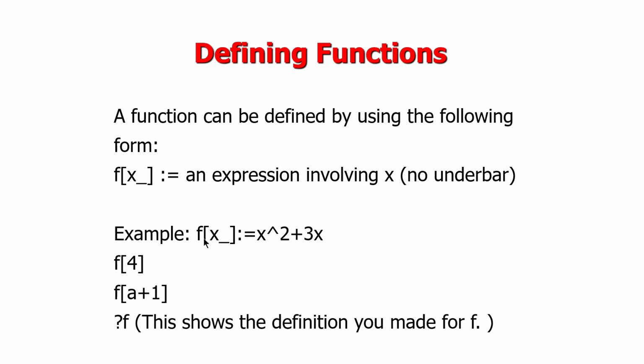Then punch Shift Enter, but remember it will not give you an answer unless you are interested in finding the value of the function. In the next line write f with the argument 4, and if you hit enter, it will give you the answer: 4 to the power 2 is 16 plus 3 into 4 is 12, so this gives you 28.